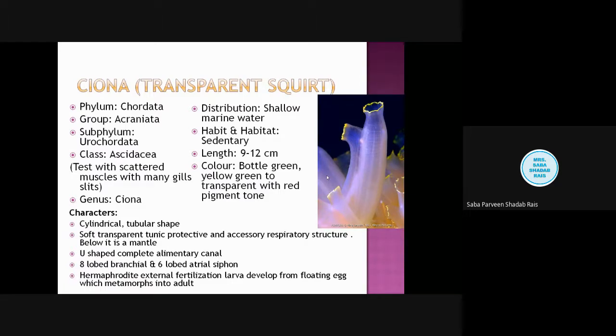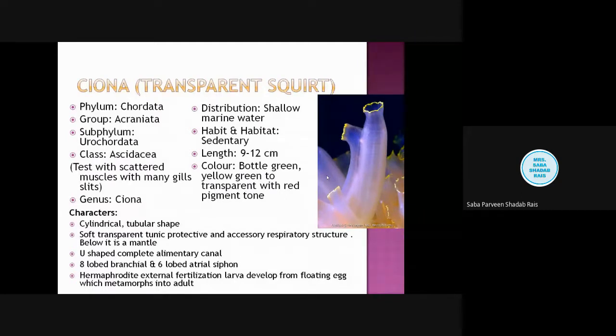External fertilization is a type of fertilization in which the animal releases its gametes into the medium, usually water. In the case of these animals, water is the medium, so they release their gametes, and the gametes have an attraction towards the opposite gametes.